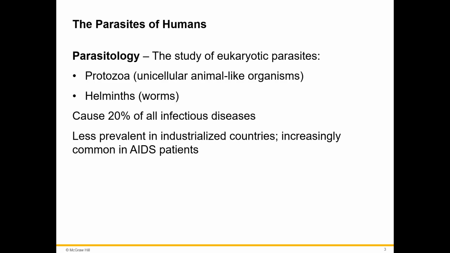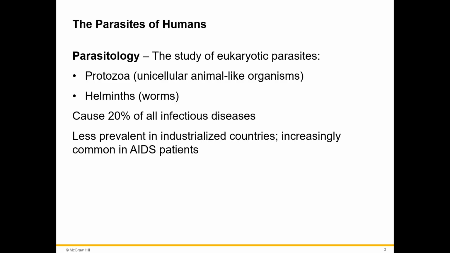Protozoans are just unicellular animal-like organisms, animal-like in that they do all these functions with more advanced organelle systems like that of animal cells. And then we have our worms, and worms is just a general term. So is helminth. Helminth is just a general term for a worm. But 20% of all infectious diseases are caused by these two groups.